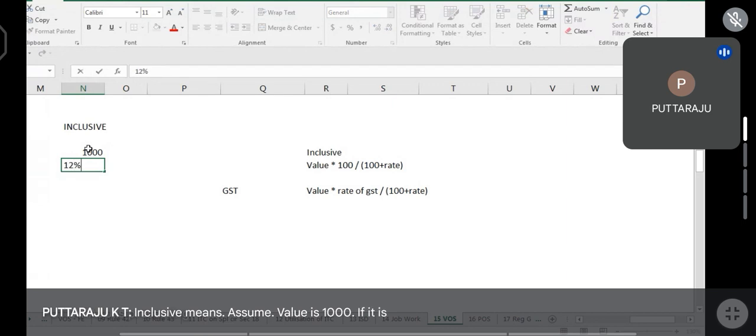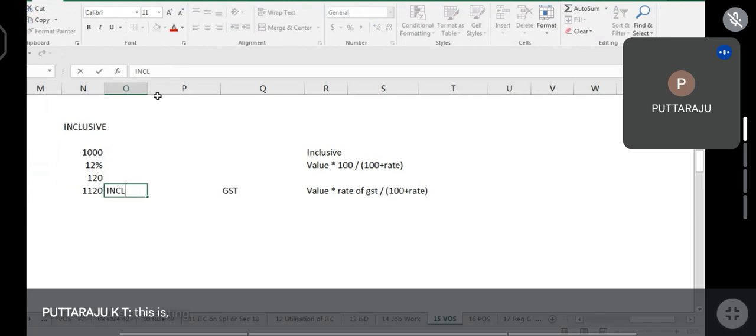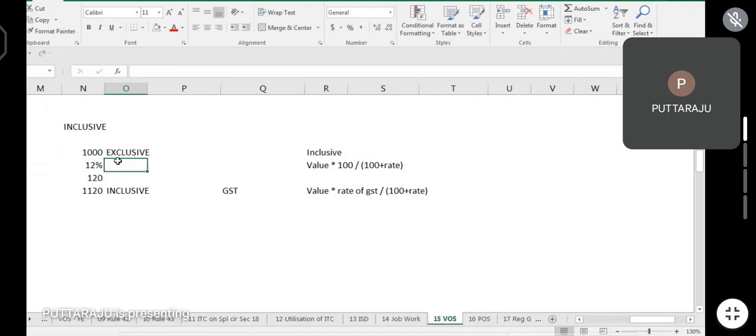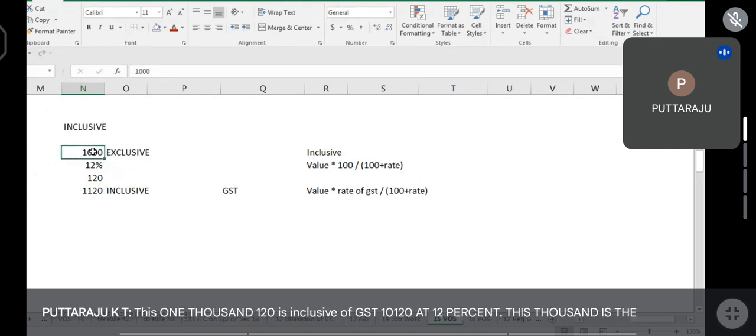If the rate of tax is 12%, this is exclusive, and 1120 is inclusive of GST. At 12%, this 1000 is the base price exclusive of GST.